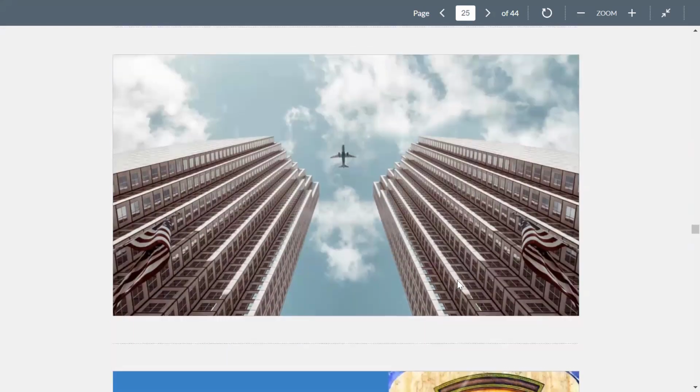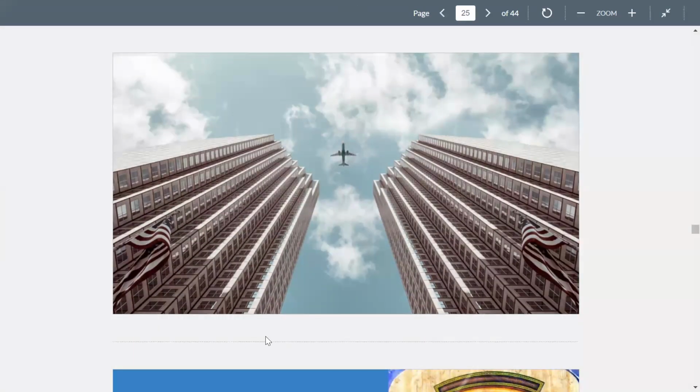This is another example for it. Just zoom it and crop it here. But this one also has that one point perspective effect. All these lines are merging into the center of it.